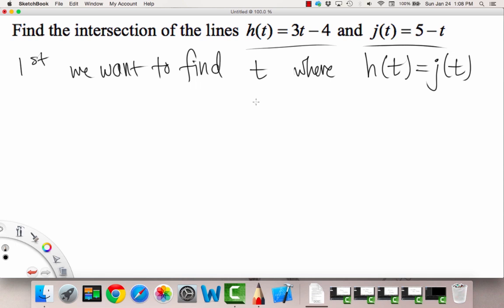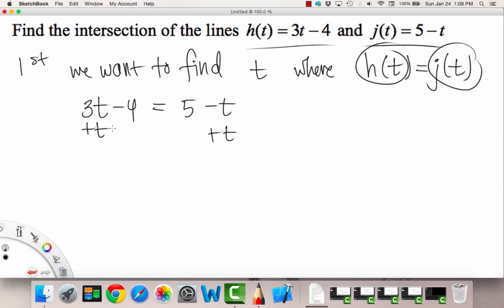Because that would mean at some particular t, these two functions have the same value, right? So what we have to do is replace h of t with its formula and j of t with its formula. That just means we're going to write in 3t minus 4 for the left side and 5 minus t for the right side, and then simply we solve for t.